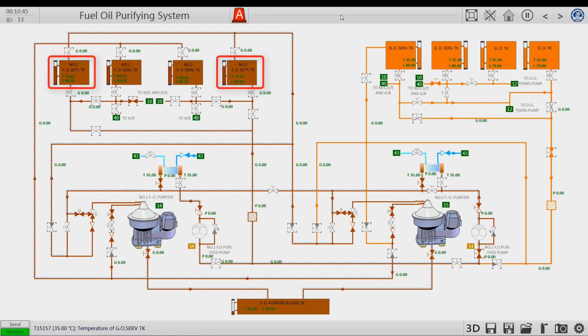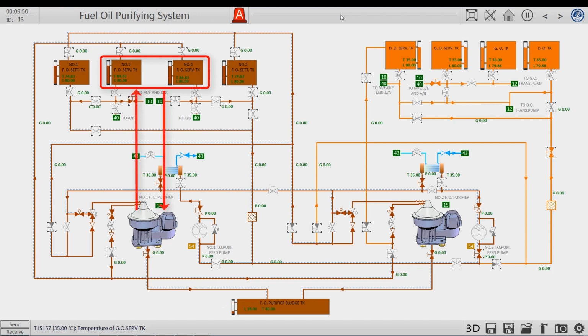Normally, we separate and purify fuel in the settling tanks to the service tanks. If the fuel contains more impurities and the primary separation is not satisfactory, we can also recycle the fuel oil in the service tanks for separation and purification.